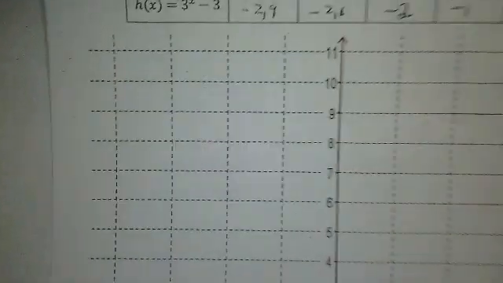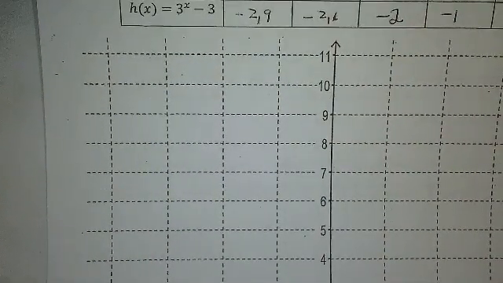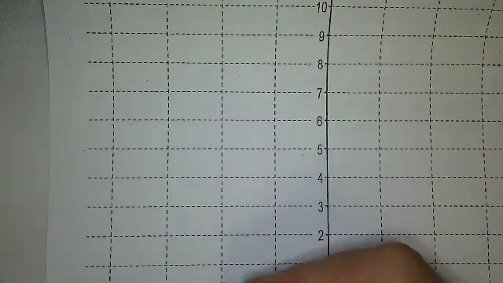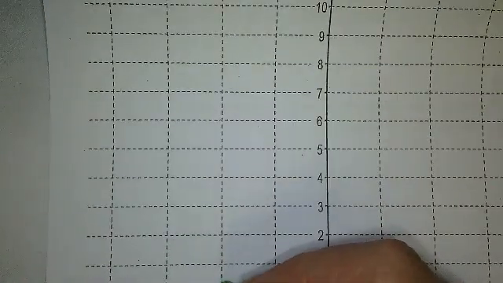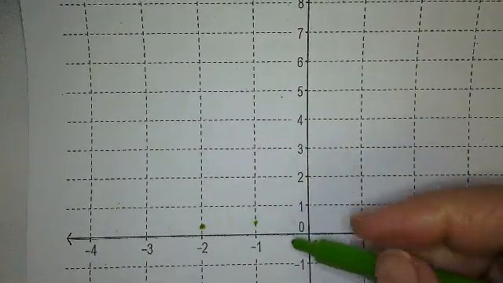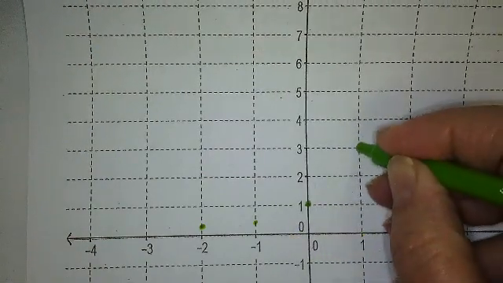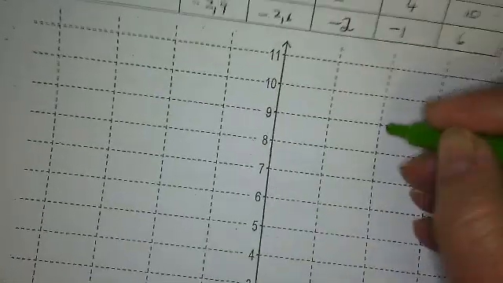Okay, but let's have a look at that. Let's plot the points. So the first one is negative 2, and a third, 1 over 9. Negative 1 is then a third. 0 is then 1. And 1 is then the 3. And the 2 is the 9.